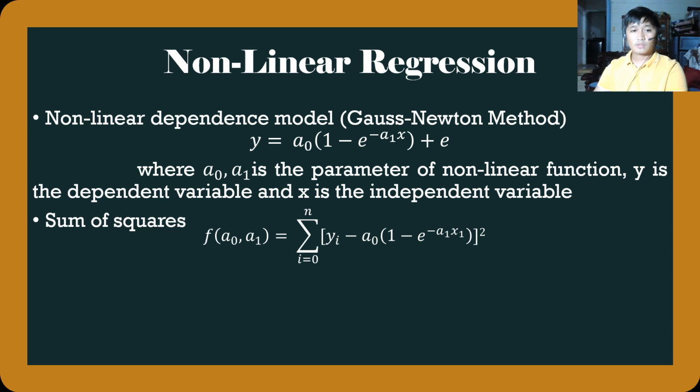For the sum of squares of the residual, this is the formula: f of a sub 0, a sub 1 is equal to the summation from i equals 0 to n of y sub i minus a sub 0 times the quantity 1 minus e to the power of negative a sub 1 x sub i, squared.